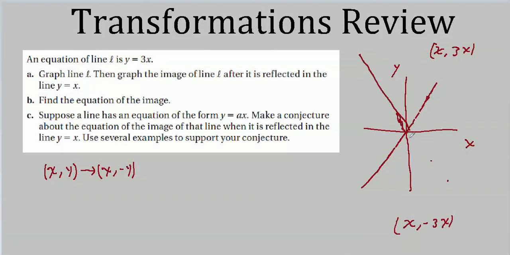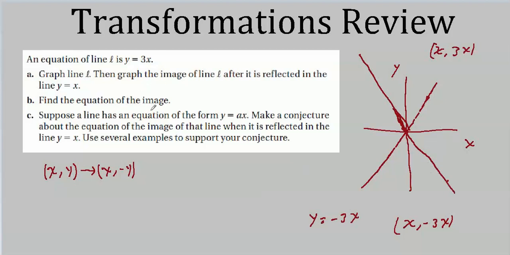And then on down this way. That's the line. This line reflected becomes this line. Well, what's the equation of this line? How about y equals minus 3x? That's what they asked for here.